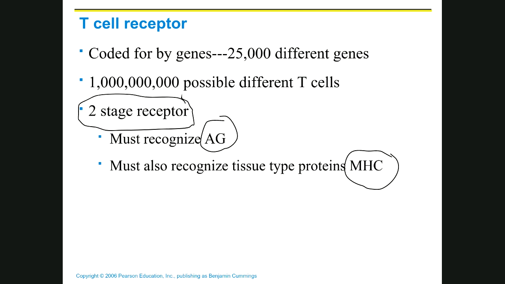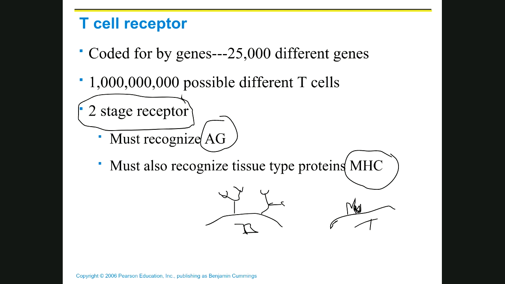So if you look at them, they don't look like B cell receptors. Remember, B cell receptors look like this. They don't look like that. T cells, their receptor has two parts to it. And the two parts are side by side. They're connected to each other.